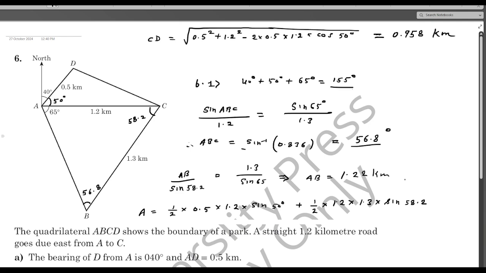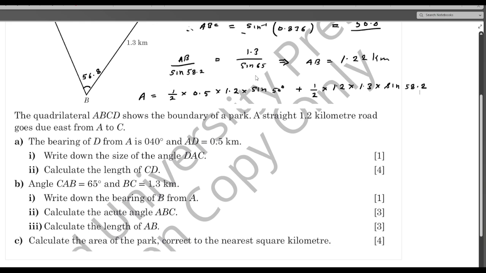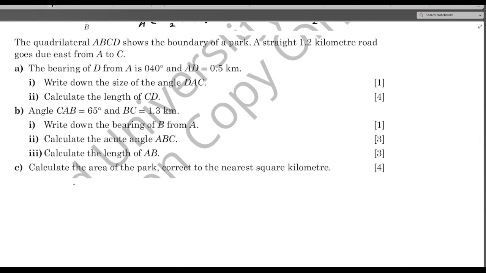So your total area is 0.893. 0.893 kilometer square. This is your required area.